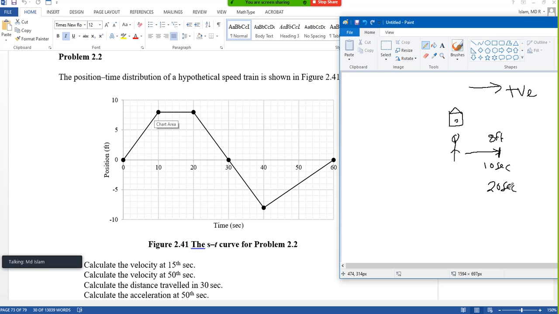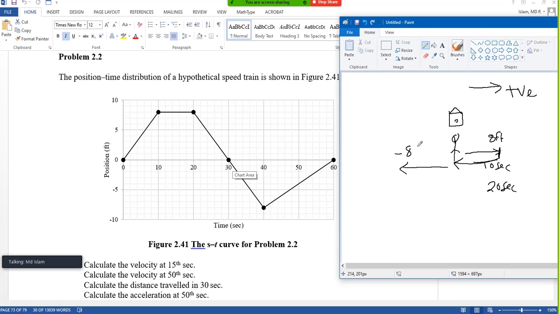Then what is happening? From here, minus 8 to here. Another 10 seconds, I came back to my home. Then again in 30 to 40, in this 10 seconds, I went this way again.